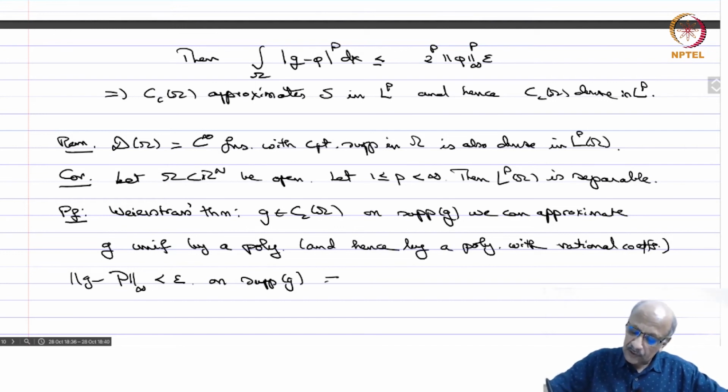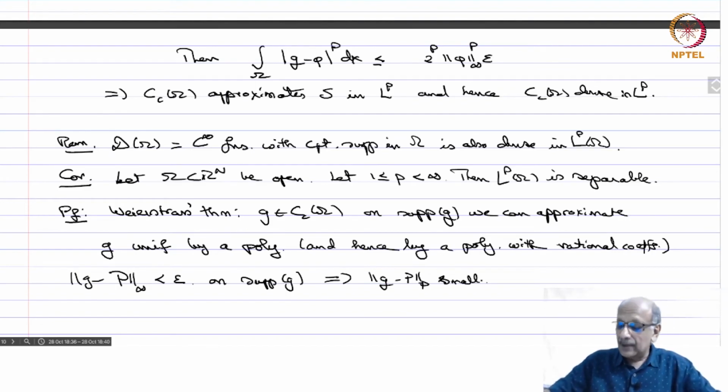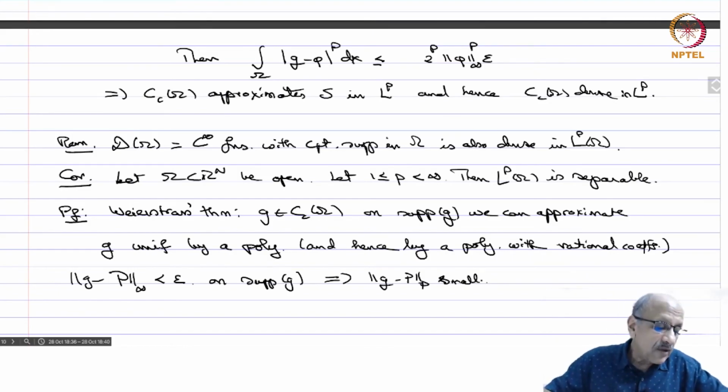So this will also imply that the norm of G minus P in Lp is small, less than epsilon times the measure of something and so on. So it will also be small, and therefore notice that polynomials with rational coefficients on a compact set form a countable set.